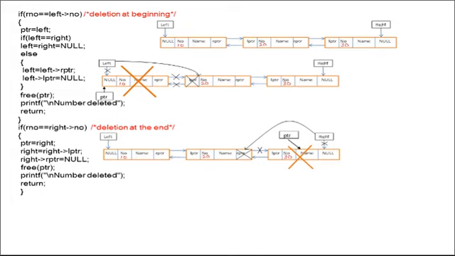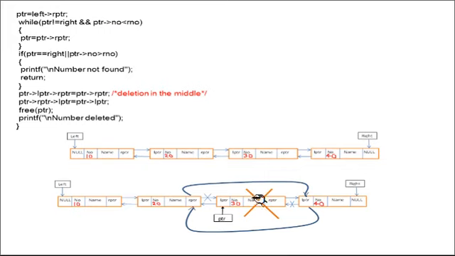Now we will see the third case, how to delete one node which is in the middle of the double linked list, right? So if you follow all these lines, after deleting this one, you have to make this RPTR point to the next node and the LPTR point to the previous node, and we are creating one temporary pointer PTR and executing free PTR, then it will remove this intermediate node successfully from the already existing nodes.